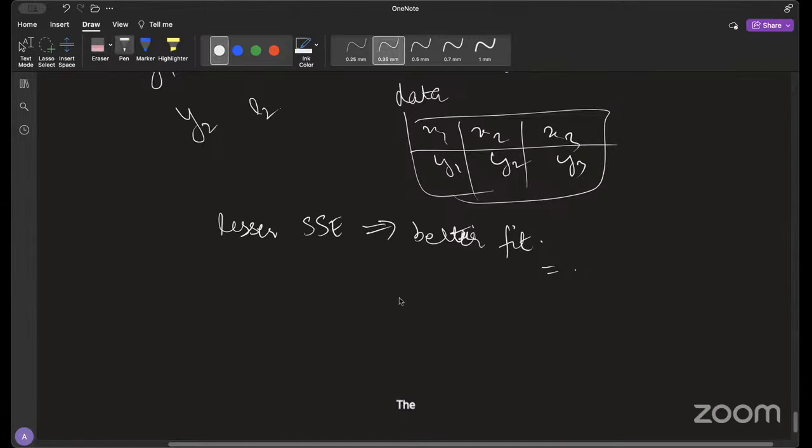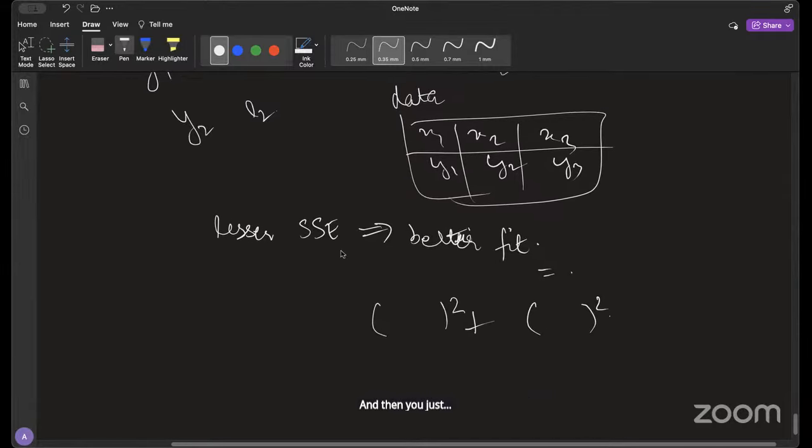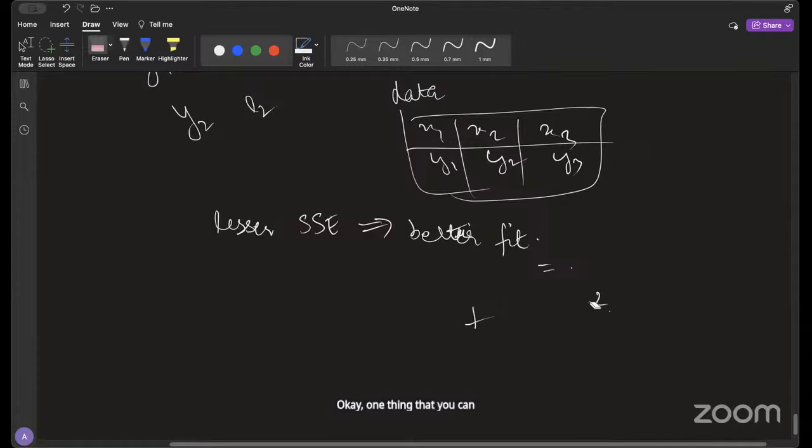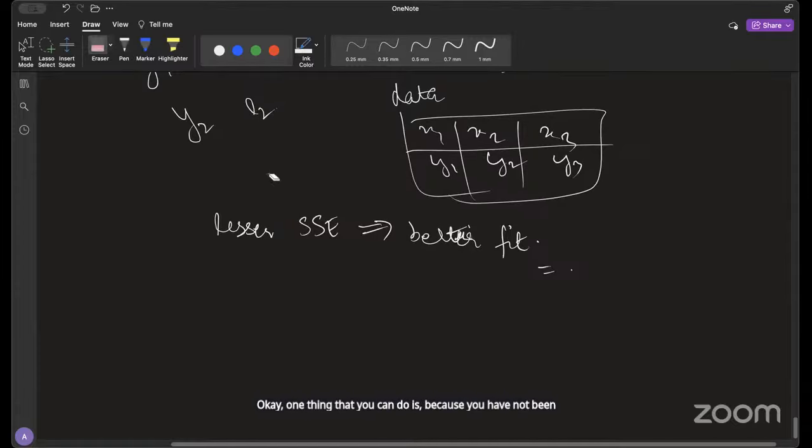The SSE you get will be in square form. But because you have not been taught the derivative yet, you shouldn't be using that.